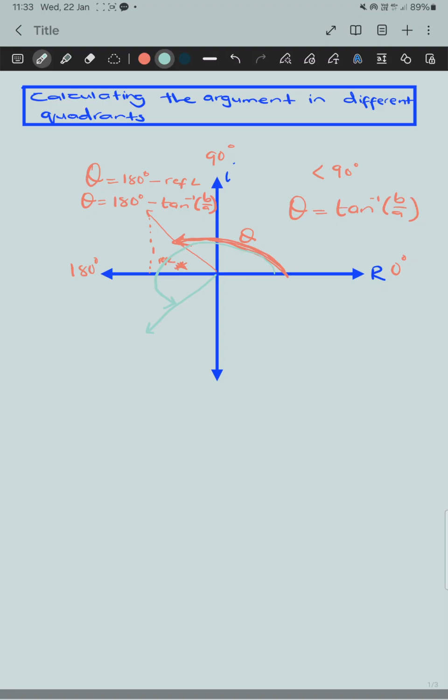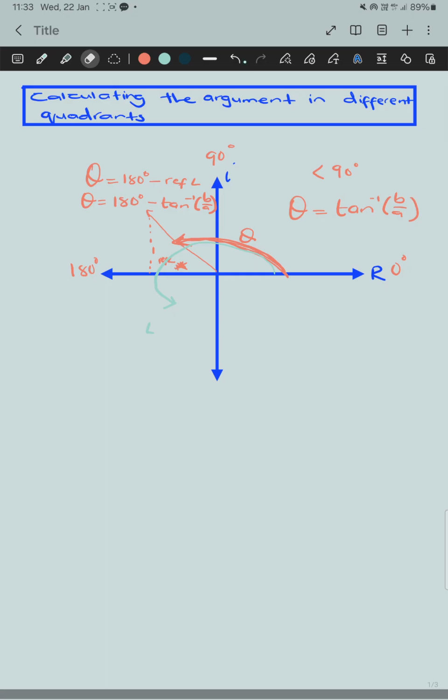But if I again calculate arctan b over a, I am going to get just this piece. The angle I'm going to get in magnitude is going to equal just this piece.